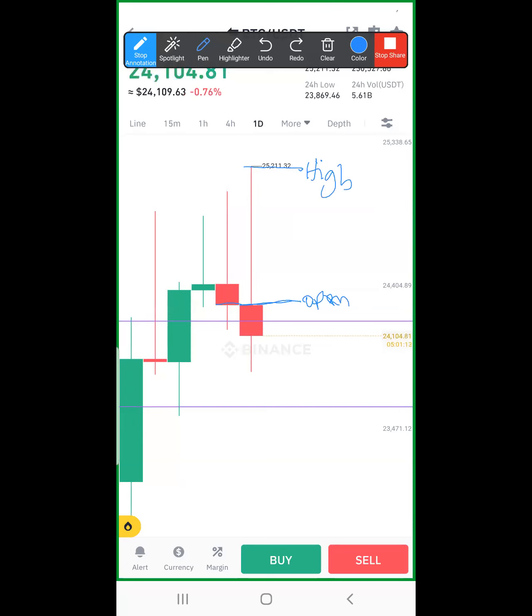So they pushed the market down to this level. We call that the low. You get the point? But again, buyers realized, hey man, this price is very good for you to buy. The Bitcoin is cheap. Let us buy. So they bought Bitcoin.